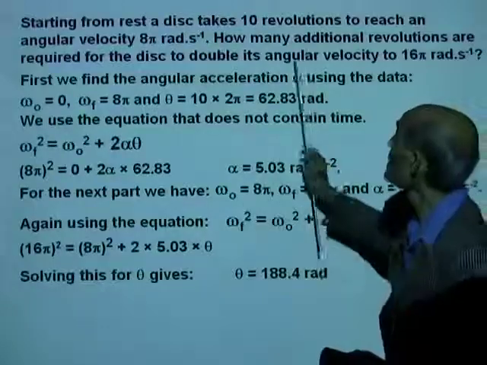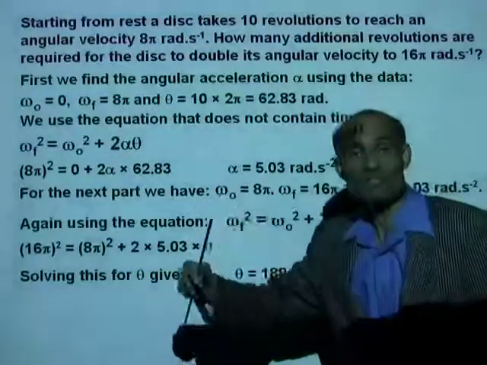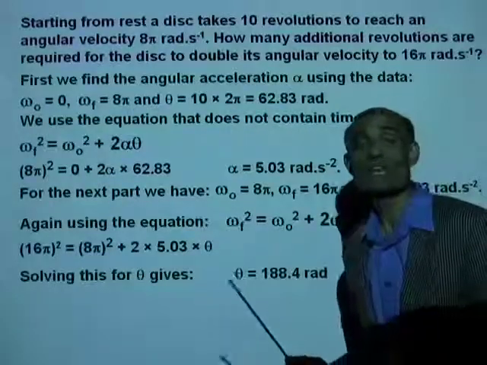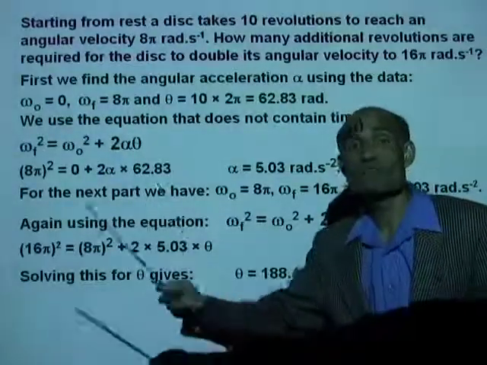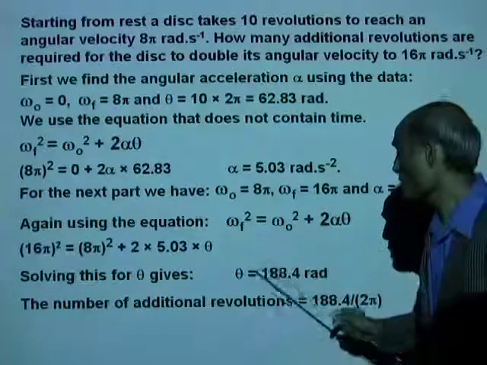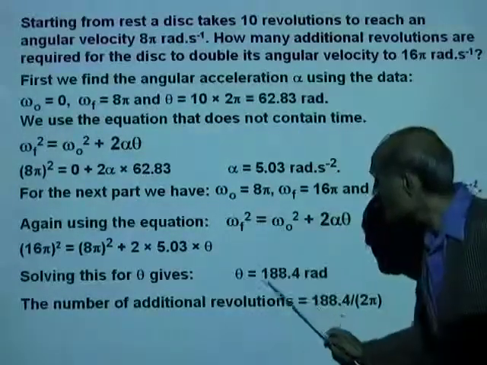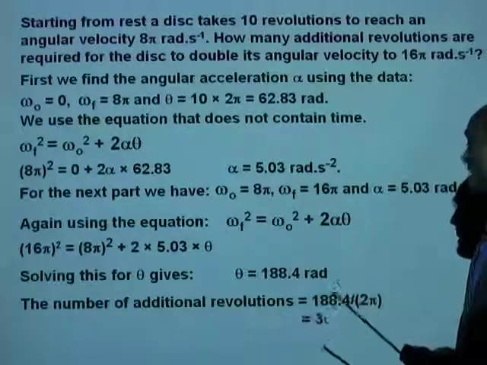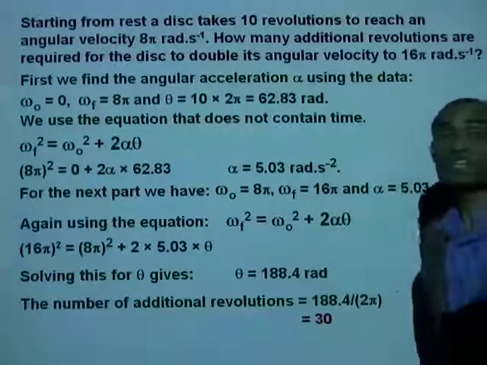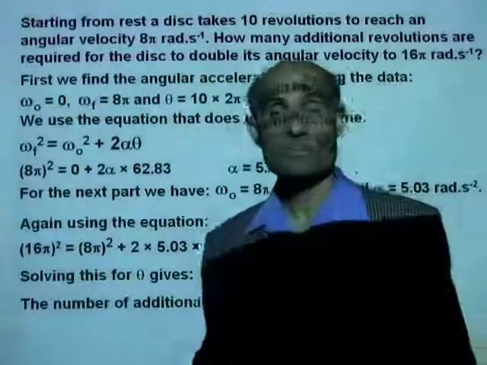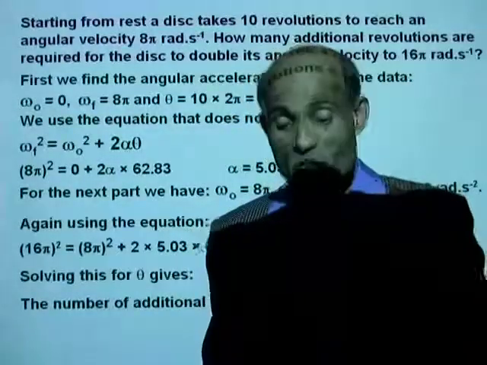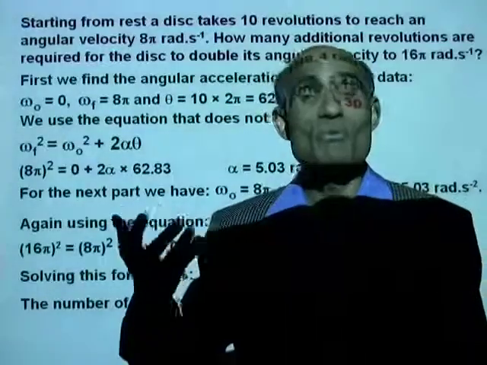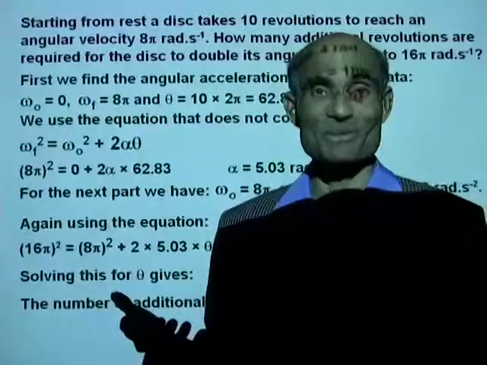And we want to find how many additional revolutions. 188.4 radian corresponds to how many revolutions? The additional revolutions will be this radians divided by 2 pi, and that is 30 additional revolutions. So in 30 additional revolutions, the angular velocity will become double the value.